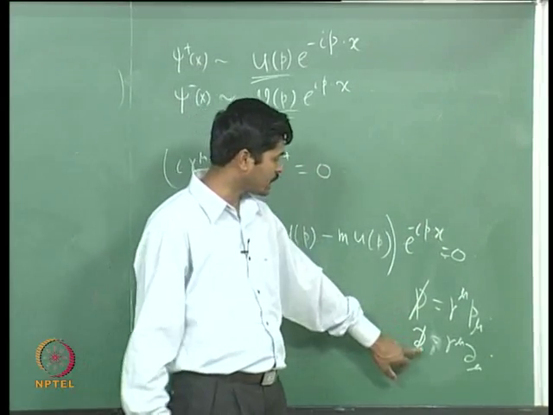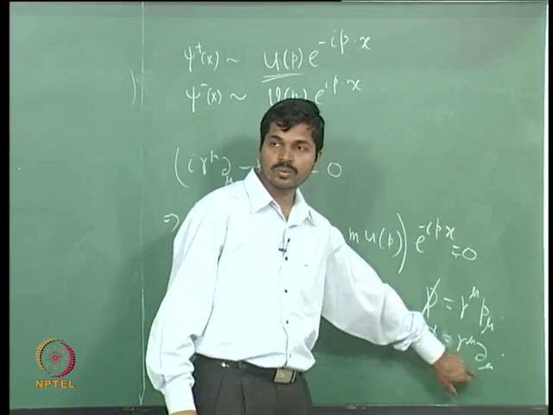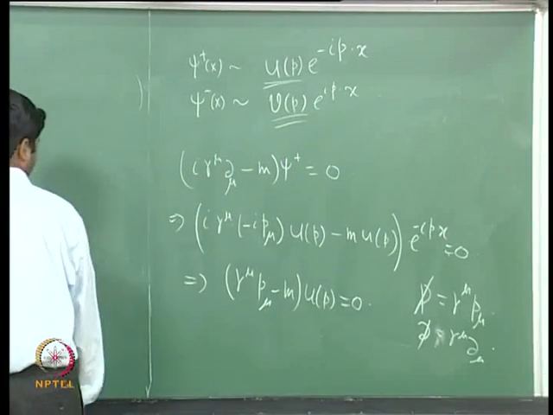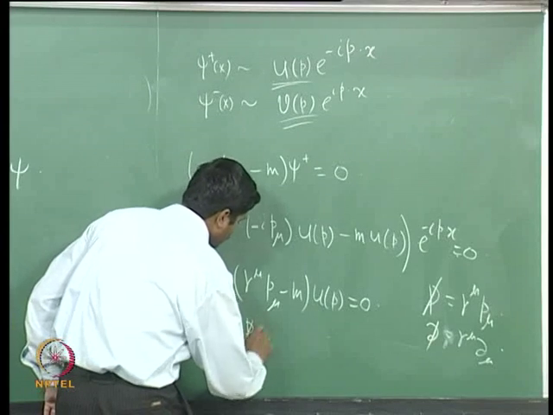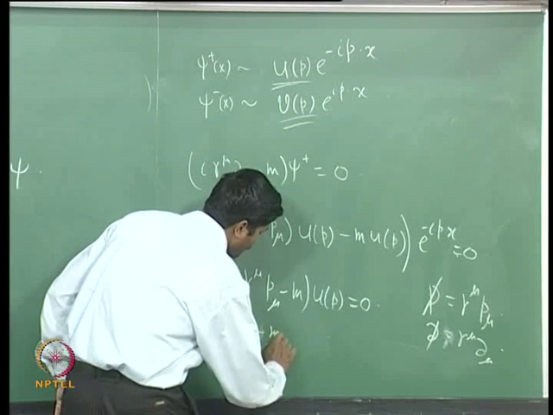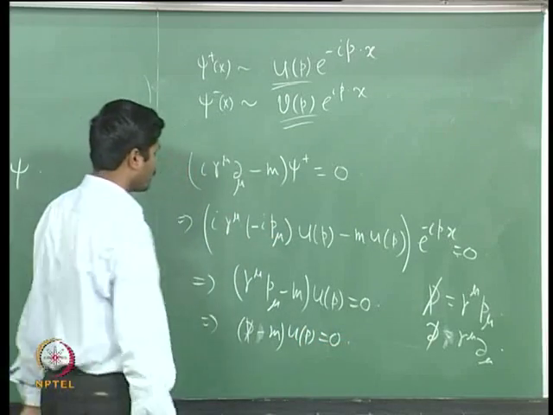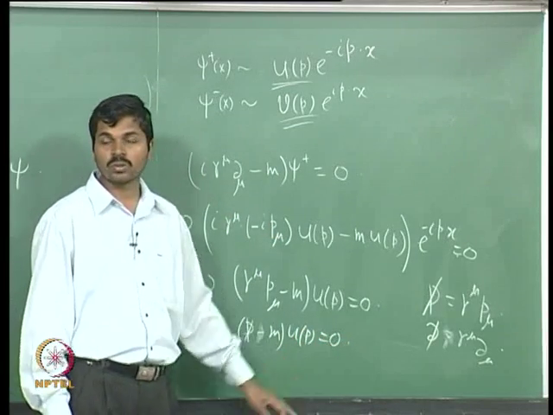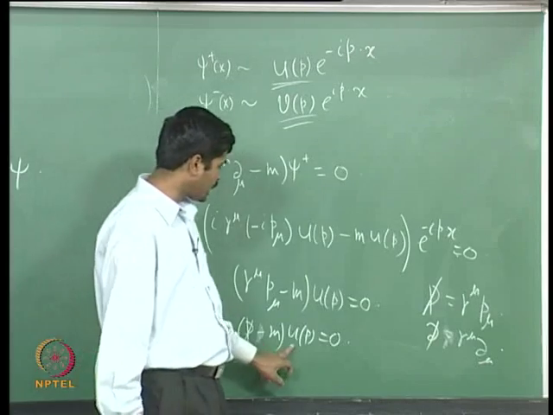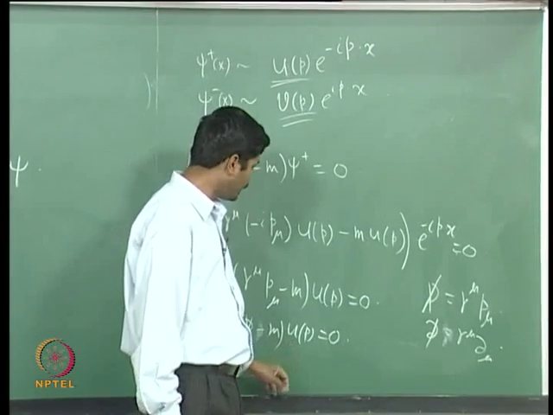Whenever I use a slash, it is just gamma mu del mu, and so on. So, this I can write as (p slash minus m) acting on u of p equal to 0. By solving this equation, we will find the most general expression for u of p.